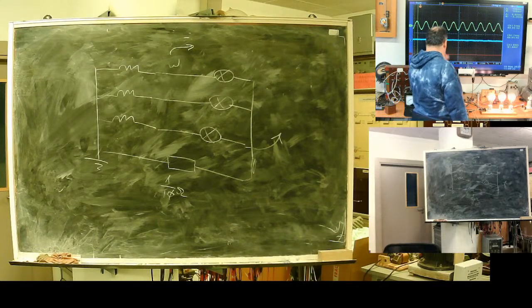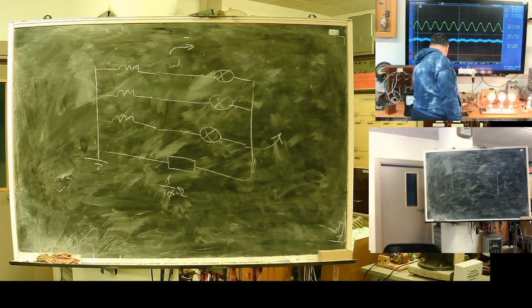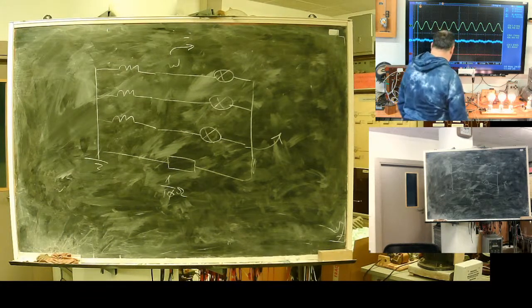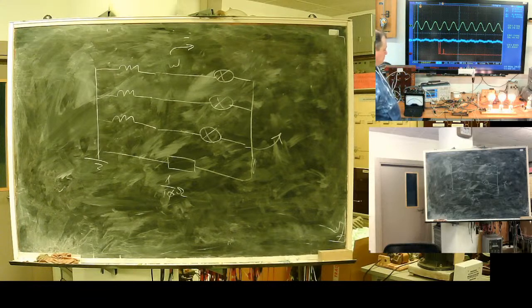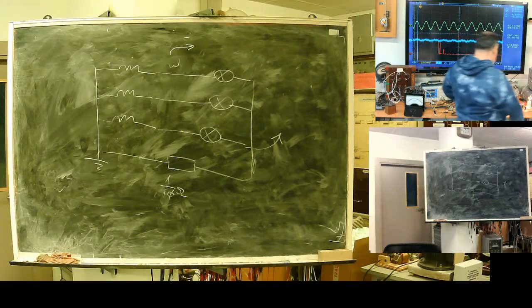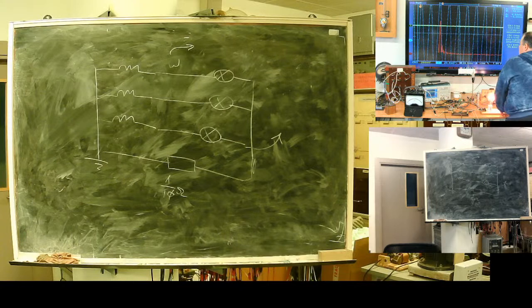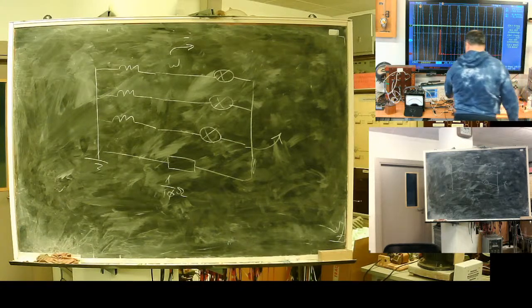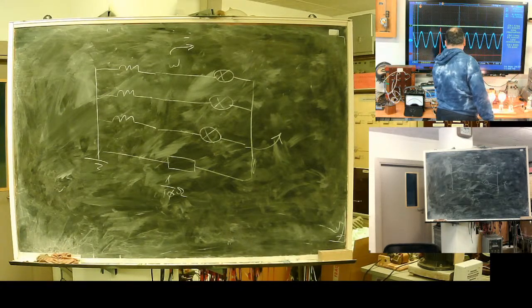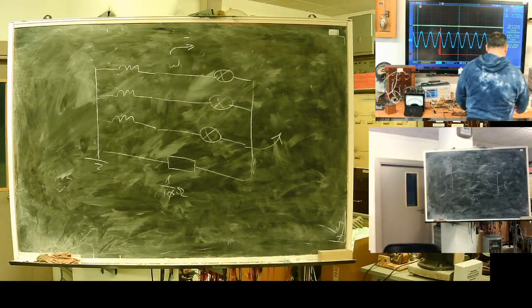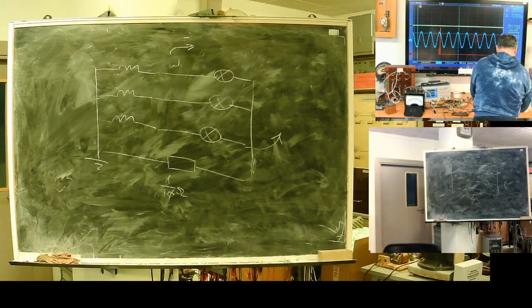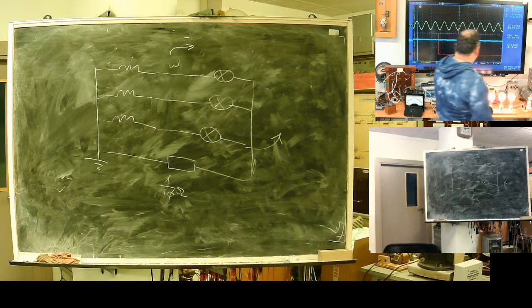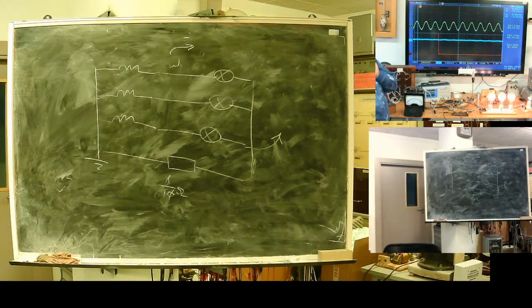Yellow one is an A phase current, and what about the blue one? Oh, let's see. This is good. Do you see?